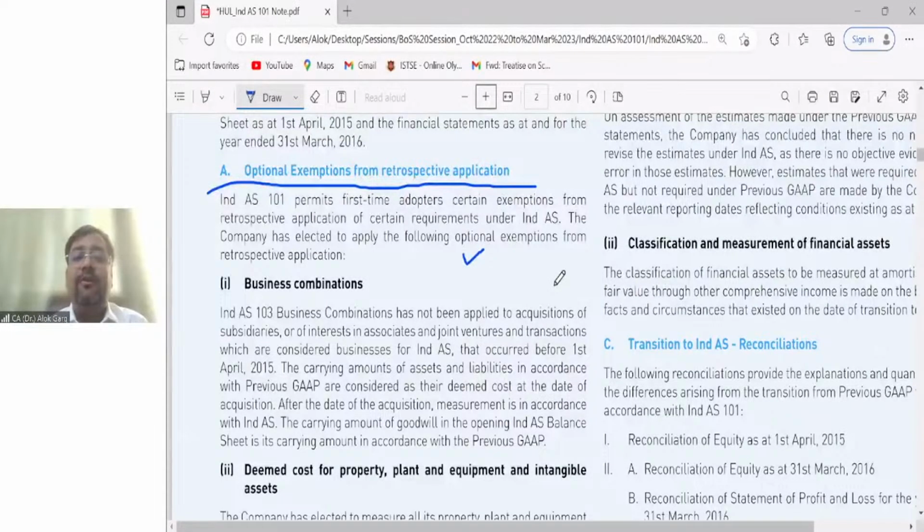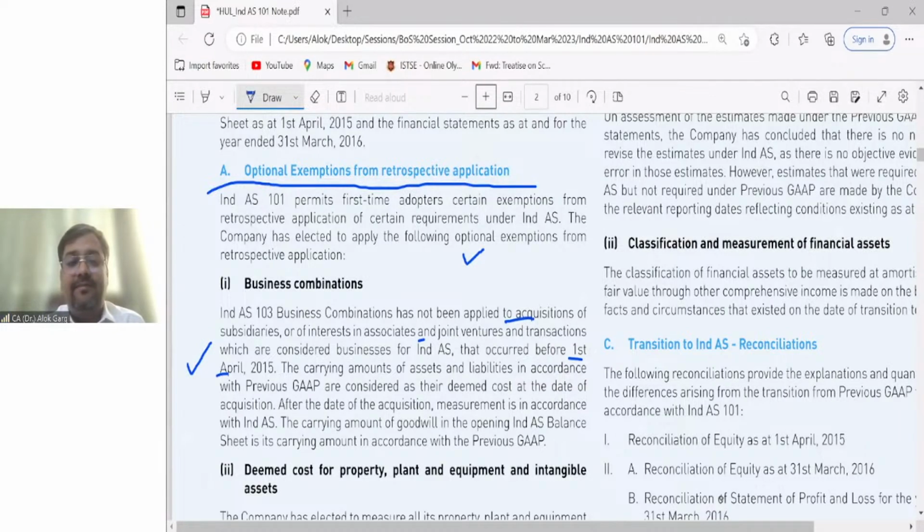The company has elected to apply the following optional exemption from retrospective application. Please read this. Business combination. Ind AS 103 business combination has not been applied to acquisition of subsidiaries, associates and joint ventures and transactions which are considered business for Ind AS that occurred before 1st April 2015, means before the transition date.